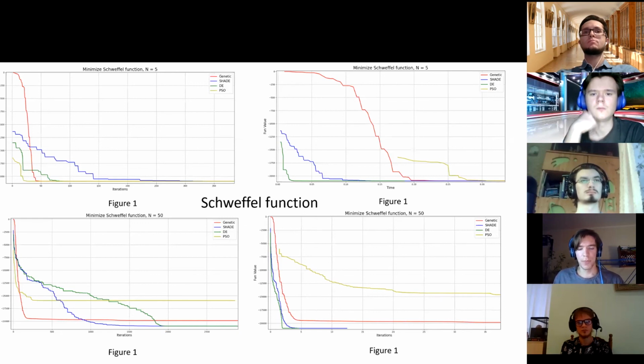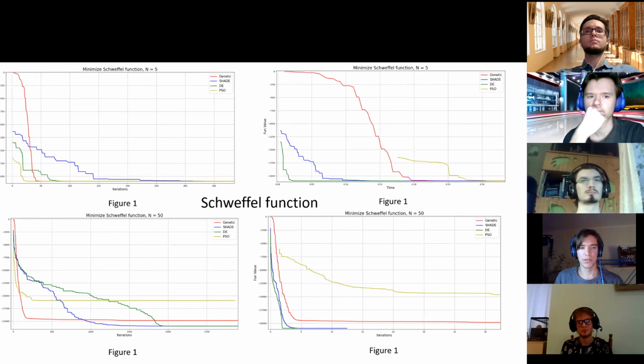And at the end, we decided to try our algorithms in their natural real environment, on the Schaffer function, which I talked about.